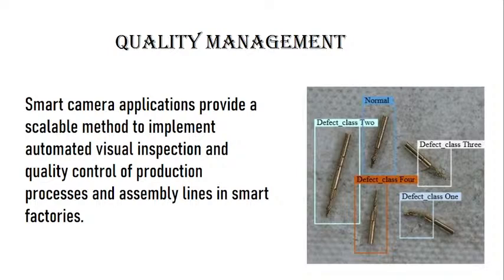Smart camera applications provide a scalable method to implement automated visual inspection and quality control of production processes and assembly lines in smart factories, right? Here deep learning uses real-time object detection to provide superior results in detection accuracy, speed, objectiveness, and reliability, compared to laborious manual inspection, so it gives a better result.